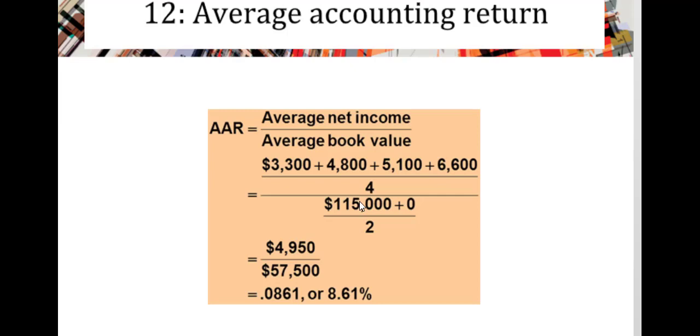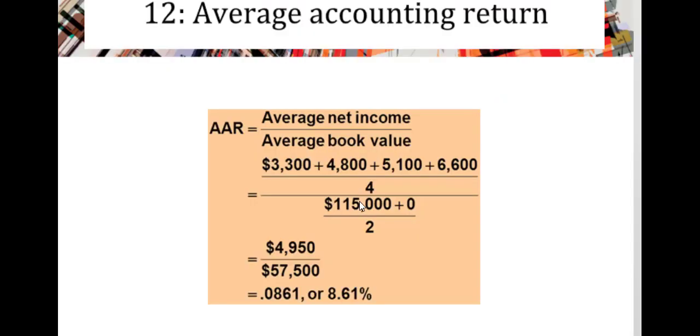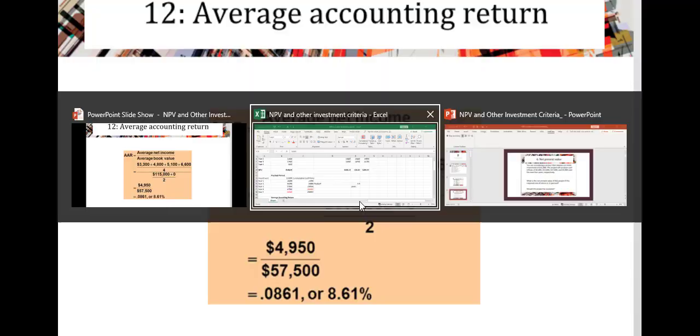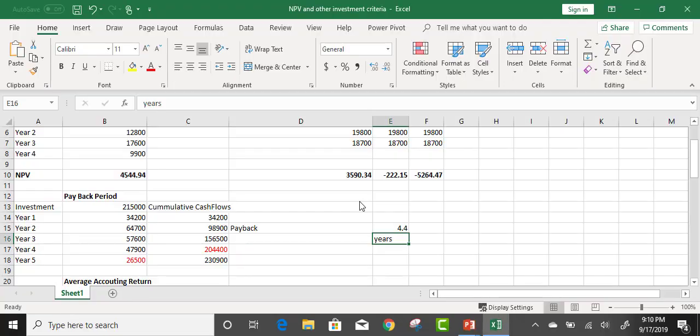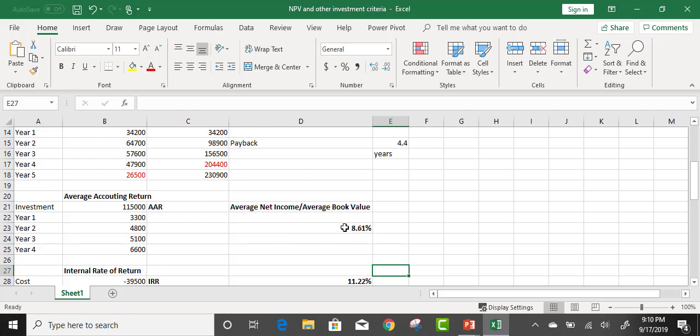So it is 8.61%. But the required rate of return is 9%. So it means that the project's accounting rate of return, or average accounting return, is less than the required rate of return, so the project should be rejected. And Excel can also do this; we are just using this equation and plugging in those values to get the average accounting return, which is 8.61.